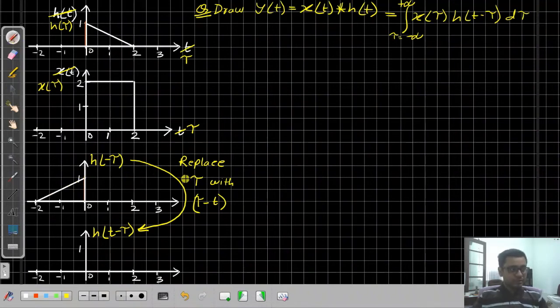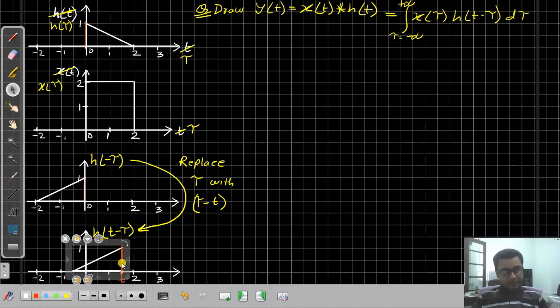Now suppose t is here. t is an arbitrary number, so it can be anywhere. Let's say t is here. If that is the case, then we will move this signal from here to here, such that the point which was at origin comes from origin to time equal to t.